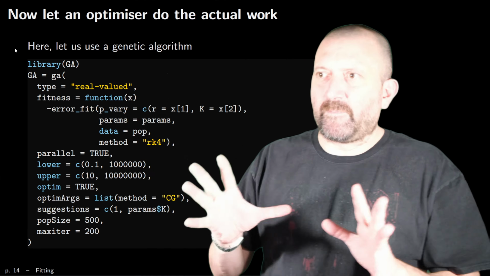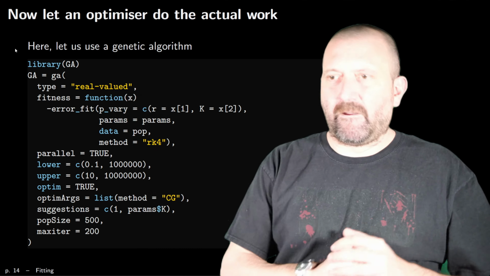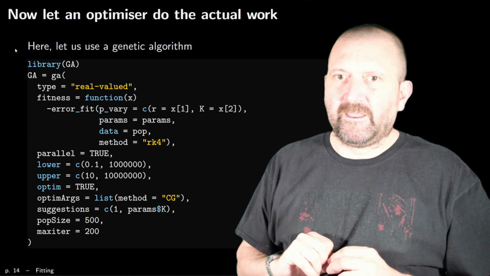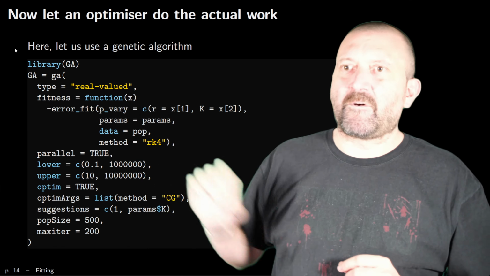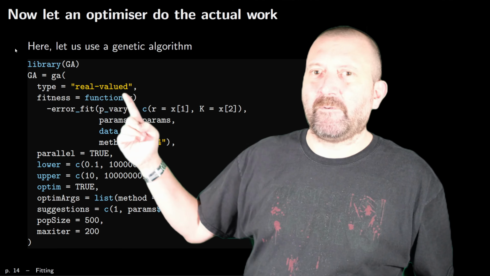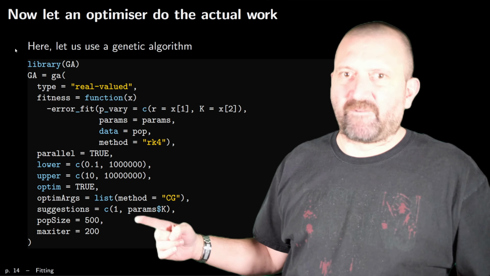I'll explain a little more in the next slide, but I'll point out here first what the call would look like, and I'm going to detail this call in a second. It's a library called GA, for genetic algorithm. And the call that I'm illustrating here is this one.